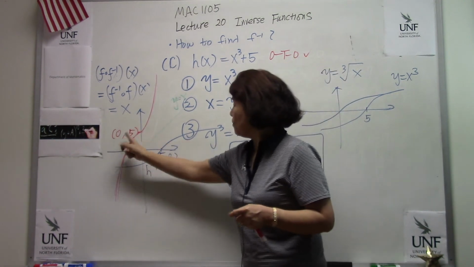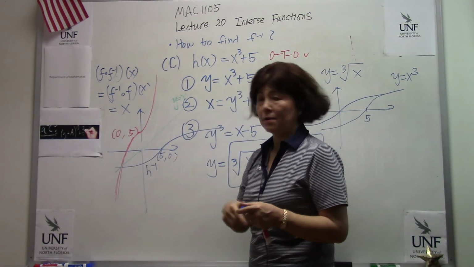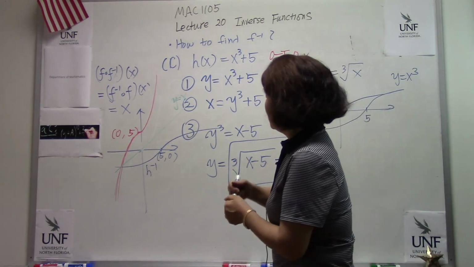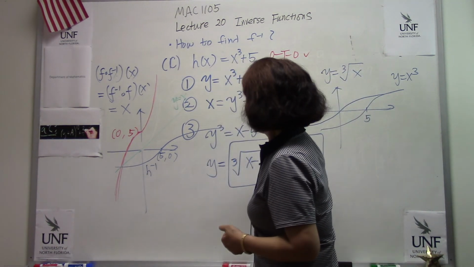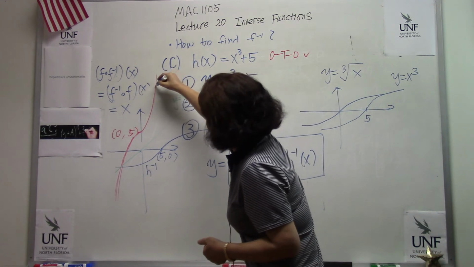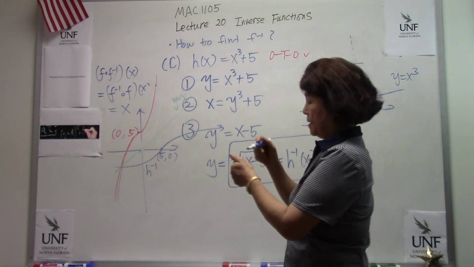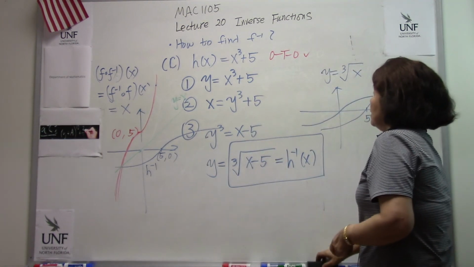So 0, 5 goes to 5, 0. For example, some other point over here will go over here.